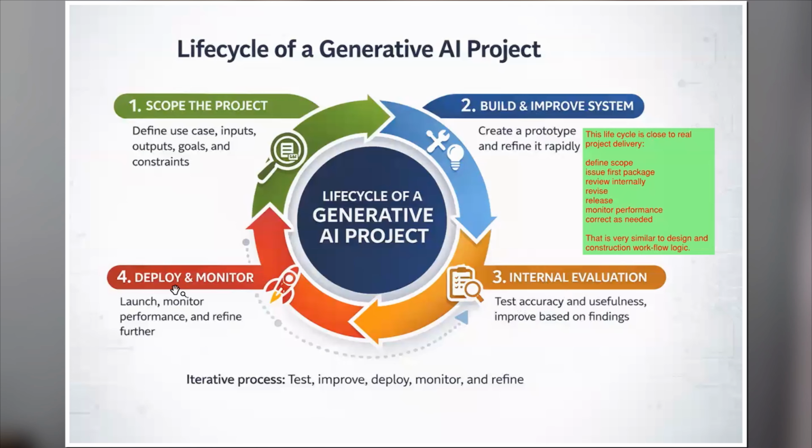And once you deploy and launch it and the end user starts using it, you might find out there's still some mistake, then you go back to step 3 or back to step 2. So you keep going around until you reach the point that your project is good enough.